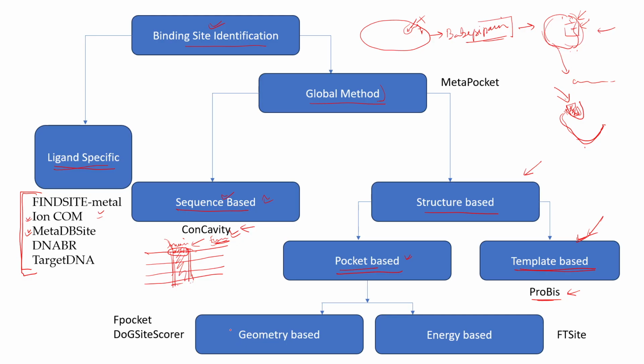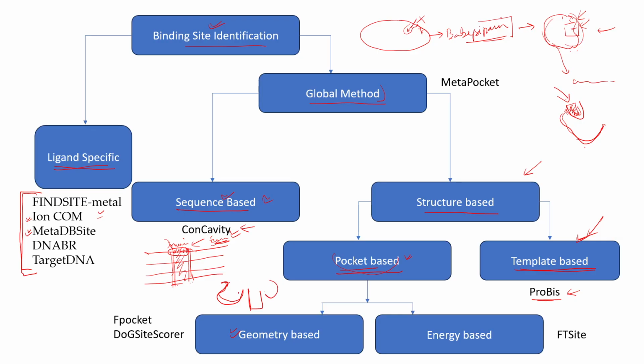In the geometry base, you can have different kinds of pockets, so you are looking for those regions in the protein where there are pockets or cavities, based on the size of the pocket, the depth of the pocket, or the shape of the pocket.